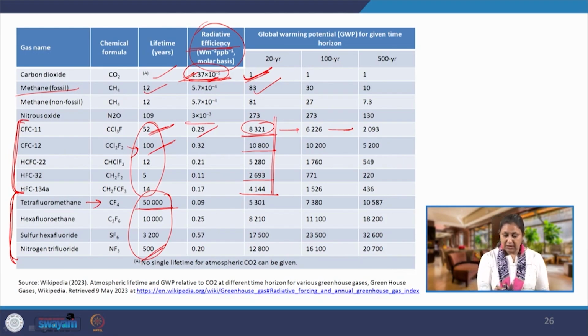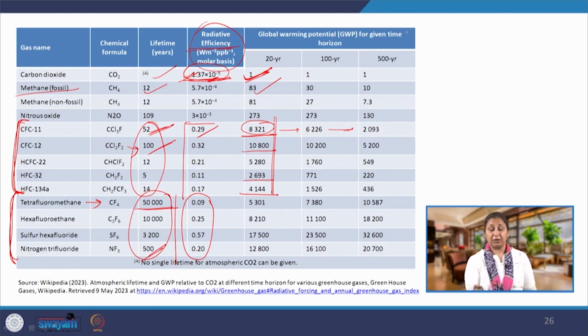Their radiative efficiency is slightly lower than the chlorofluorocarbons, but their lifetime is so high that if we look at the GWP for a 20-year period, it is significantly higher. It suddenly increases very high, and it does not decrease over a 500-year period because its lifetime is 50,000 years. So, it continues to increase in a 100-year period and also in a 500-year period.